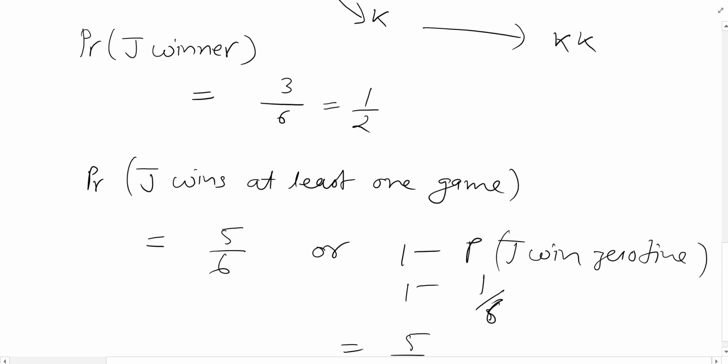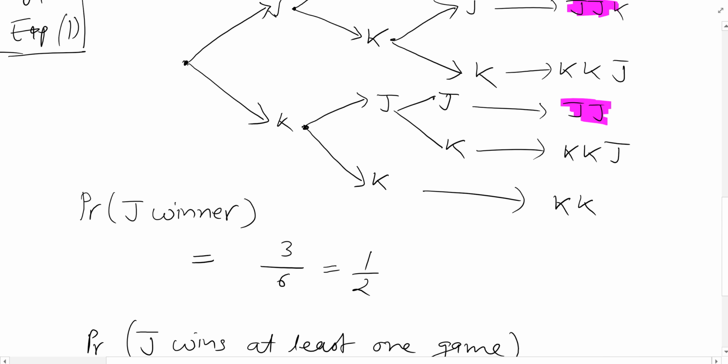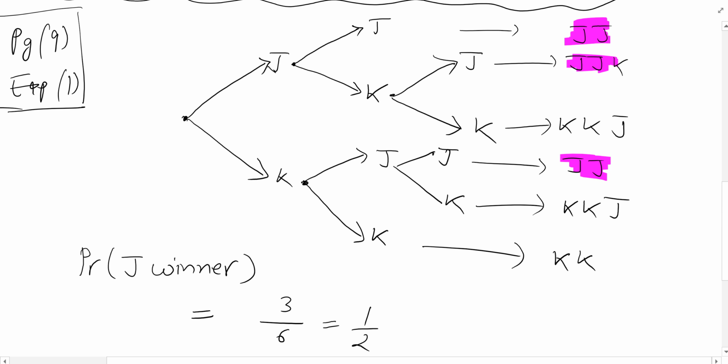And there are many other questions, like what is the probability that Jennifer wins exactly two times? Then you're going to write 1, and that's 1 as well. So 2 out of 6, which is 1/3. Okay. So what is the probability that Jennifer wins 2 games in a row?